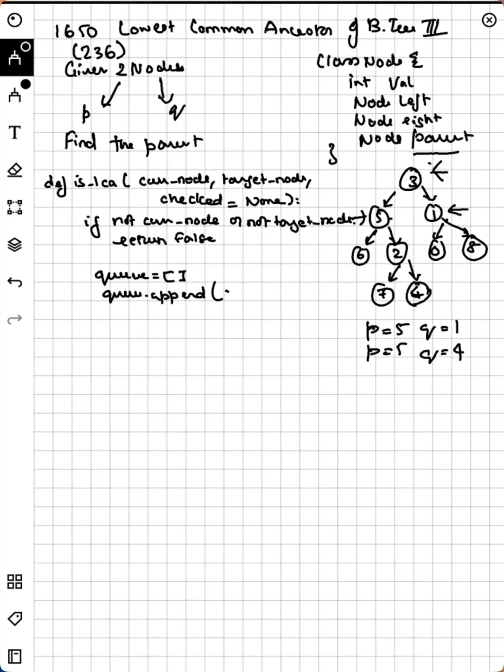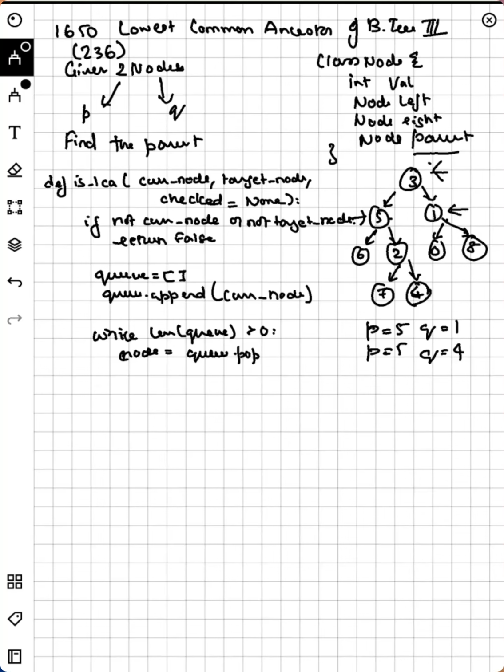Right now I'm starting with the current node. Now I start my traversal and I say while len of Q is greater than 0, I will get another, let's call this node. So I'll say node is equal to Q dot pop of 0.